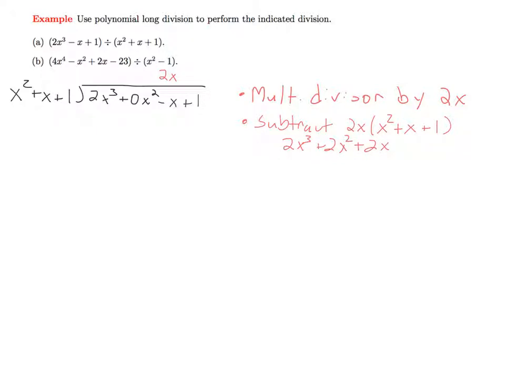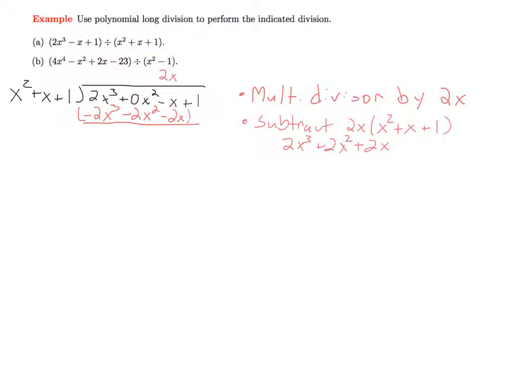So now I want to subtract this from the polynomial. And so if I subtract this, that means I've got minus 2x cubed minus 2x squared. And you see that's why we have this placeholder over here. And then we subtract the last term, and we get a minus 2x.